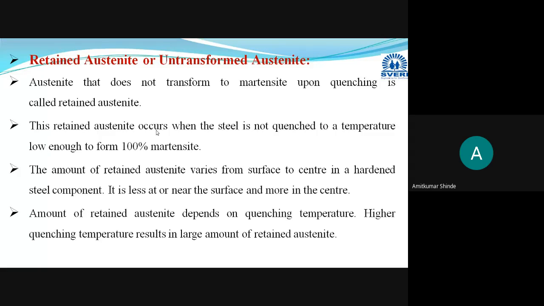So this is related to retained austenite or untransformed austenite. What is the meaning of retained austenite? Then what are the factors affecting the amount of retained austenite? Then after this, we will move towards the next point, that is, what is the effect of this retained austenite.